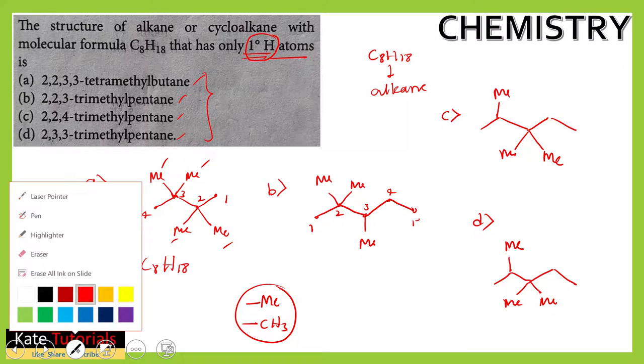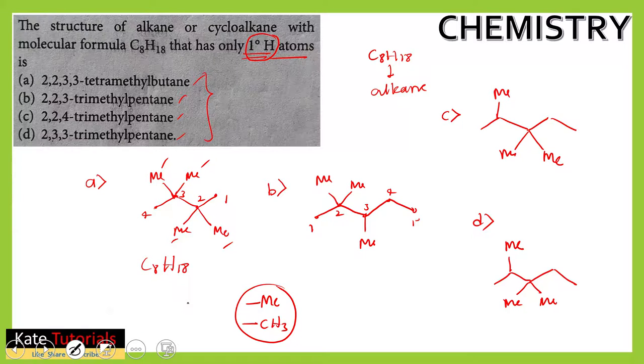Before telling that, let me change the color of the pen. See, option D: here this methyl carbon will have 3 hydrogens, a CH3 group. A hydrogen attached to a primary carbon we call a primary hydrogen. But here is a hydrogen attached to a carbon which is attached to one methyl on this side, one methyl on this side, and one alkyl group, so this is a tertiary hydrogen.